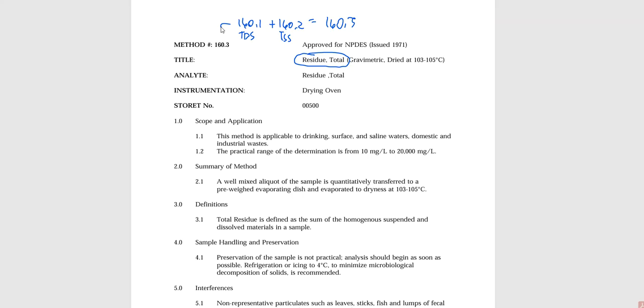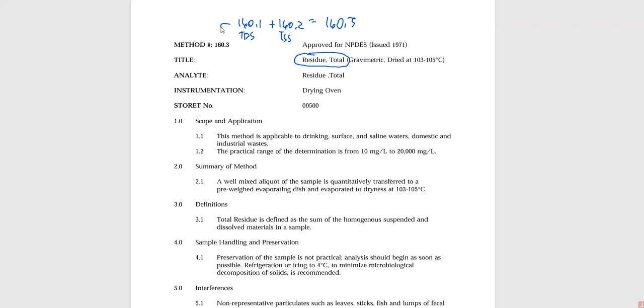It's the stuff that stays on the filter paper. But if you did not need us to categorize what is filterable and what is non-filterable for your results, then you could request just a total. I don't need you to separate them out into two different categories. Just do a total residue and call it a day.